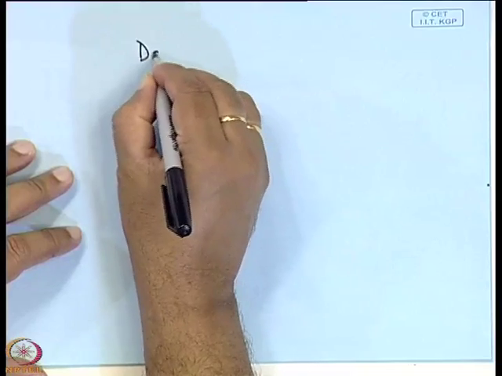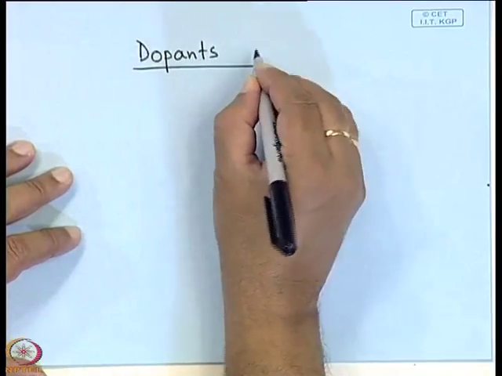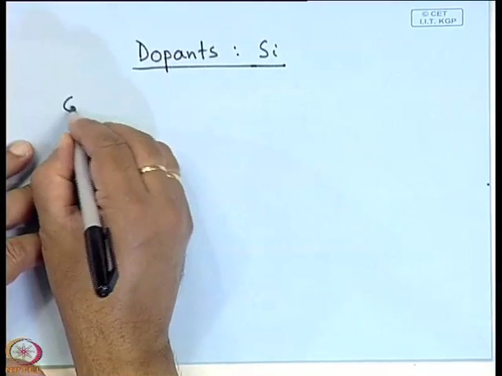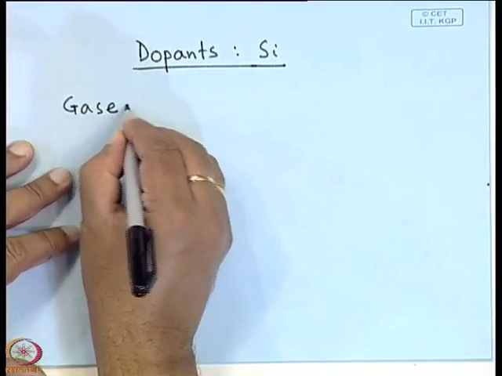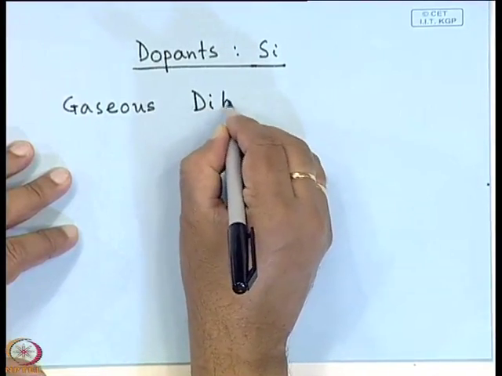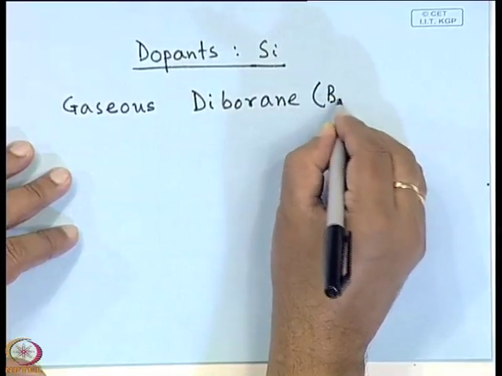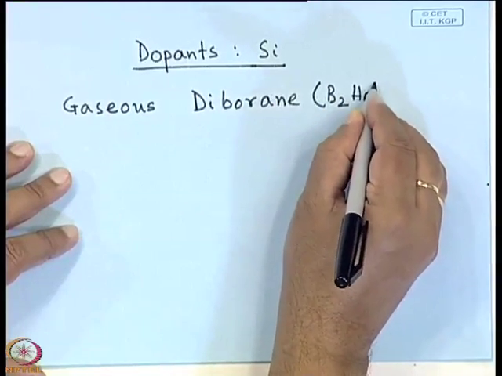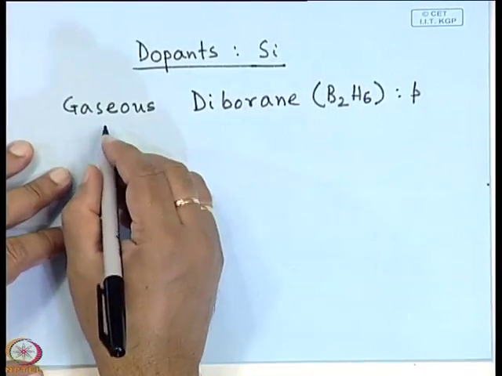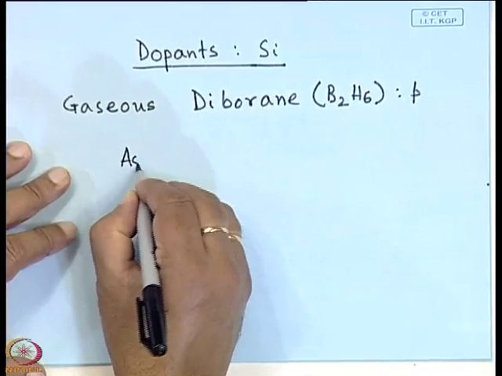Now, what are the dopants for silicon growth? Gaseous diborane, B2H6, is p type, and arsine and phosphine are n type.